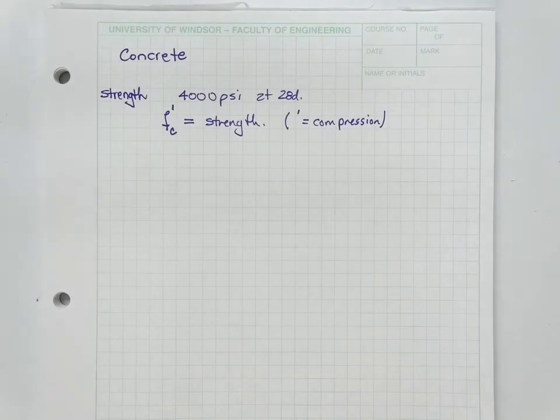Those of you who have taken steel and wood, what is one of the things we need to know about the steel? Or the wood? If you stretch it, you need to know about its tensile strength. Okay, that's a good one.